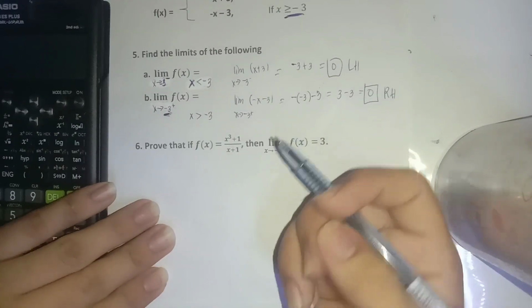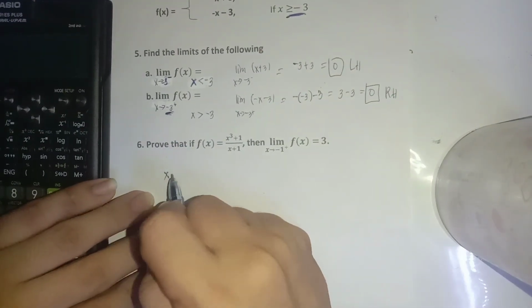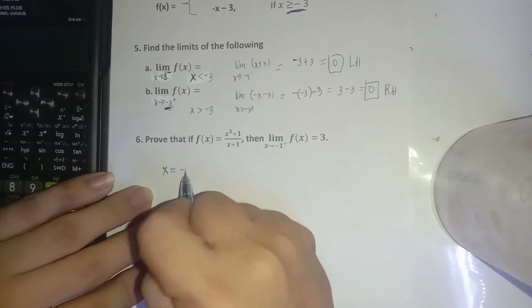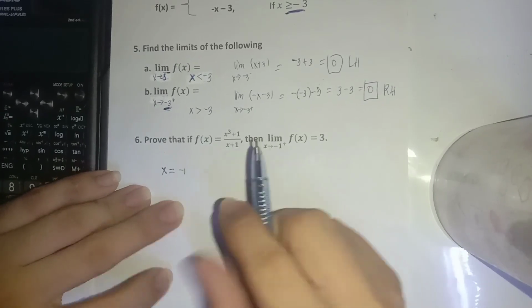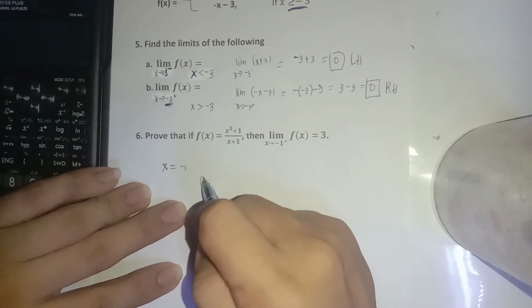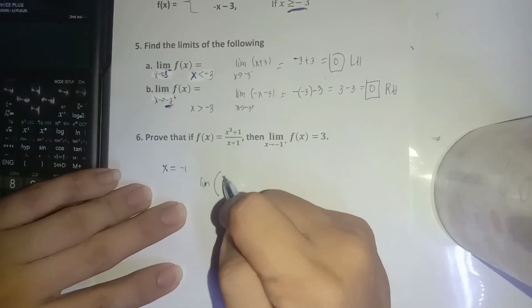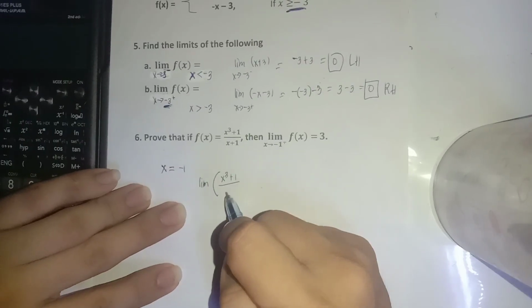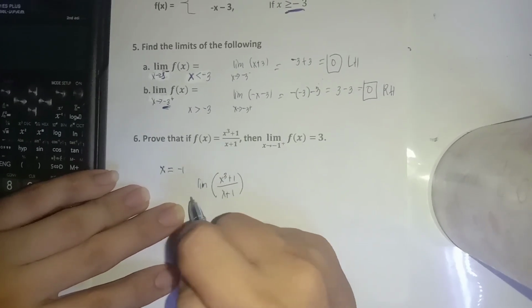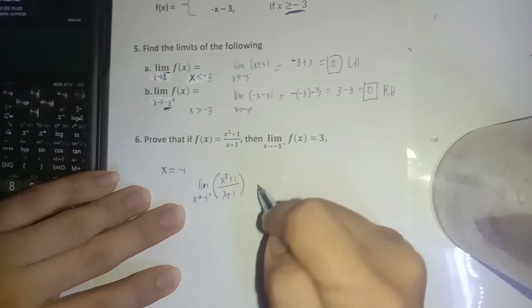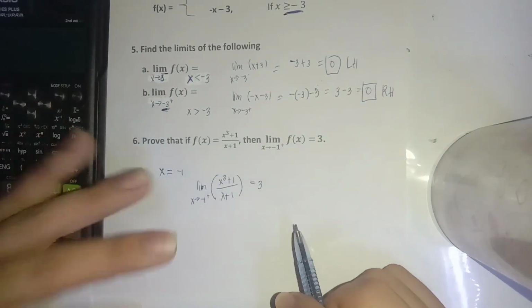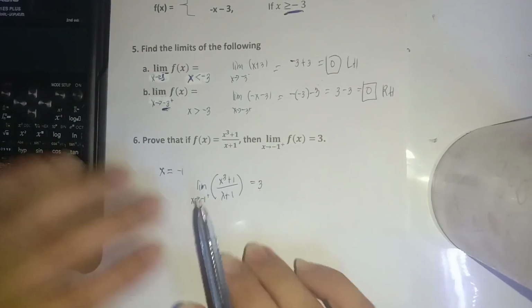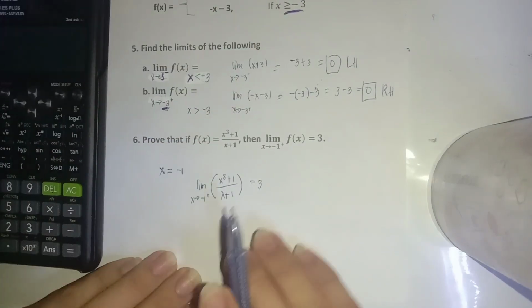So we will use direct substitution, na kung saan yung x natin is equal to negative 1 since x approaches negative 1. So ipoprove natin that the limit of your function is equal to 3 daw.